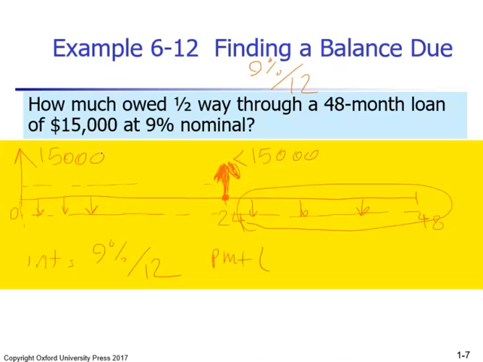PMT, $15,000, the rate 9% over 12 for 48. Why? Because the payment is a 48-month payment, and it is not going to change. You just want to see what is the outstanding balance at the end of year 2.